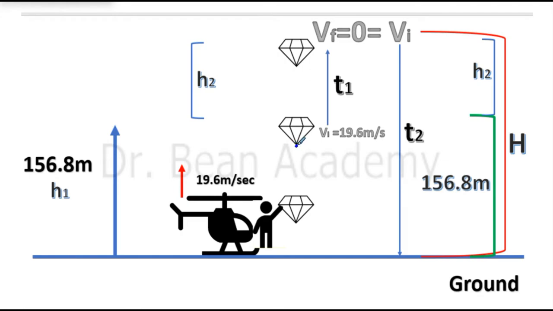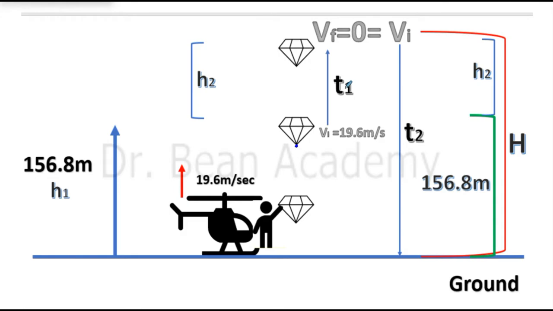The upward motion started from this point and it attained a height h2 and it took a time t1. So let's calculate the time t1 and the height h2. We are actually calculating the times t1 and t2, but it's not that simple. So we need to calculate time t1.